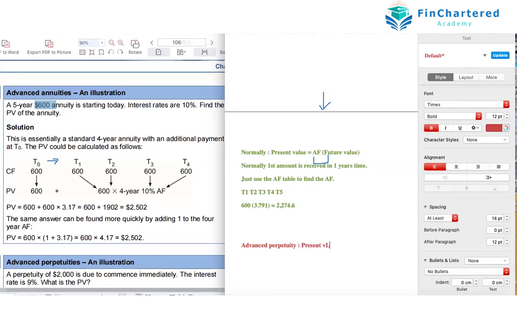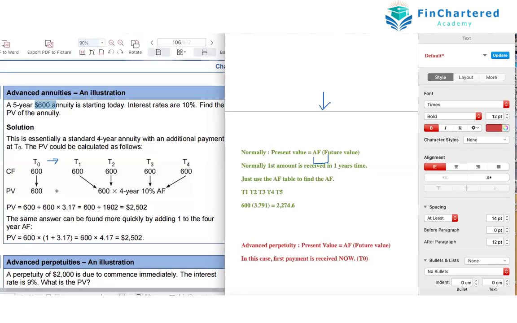Present value is equal to annuity factor into future value. This is what the formula is. But in this case, the first payment is received now, that is in time 0, right?